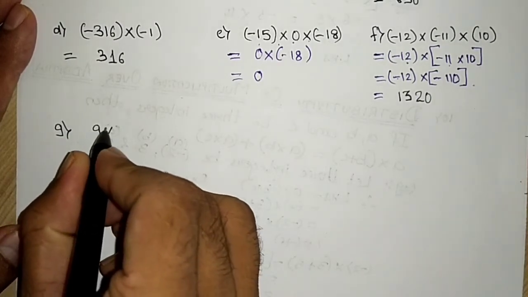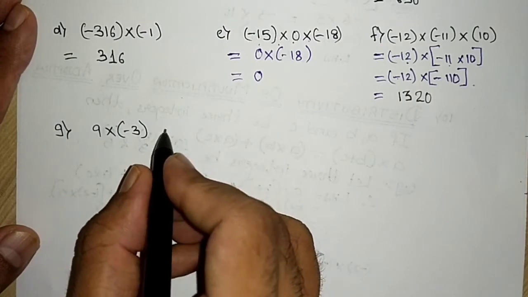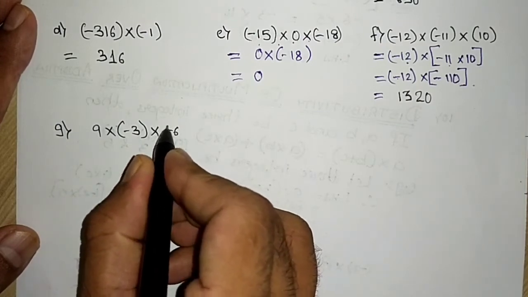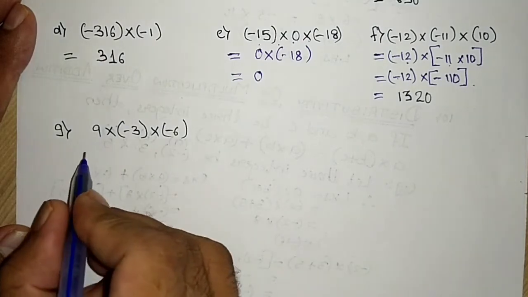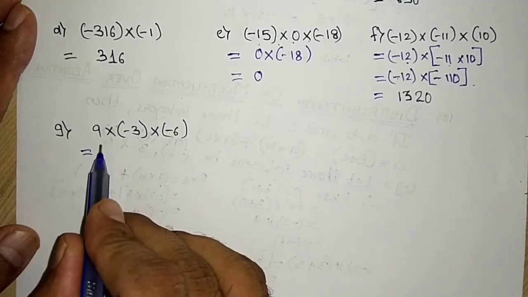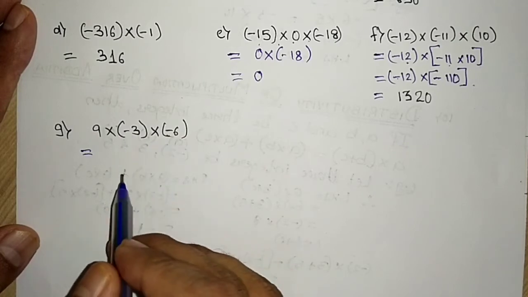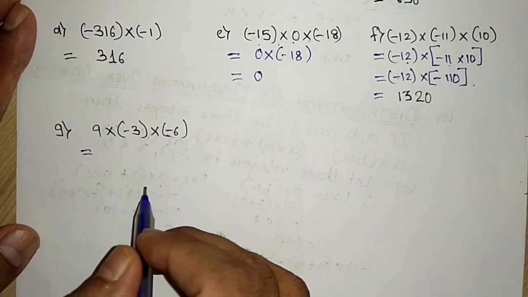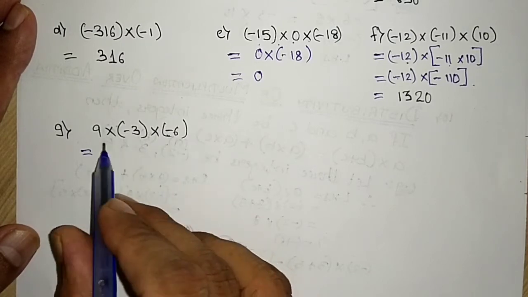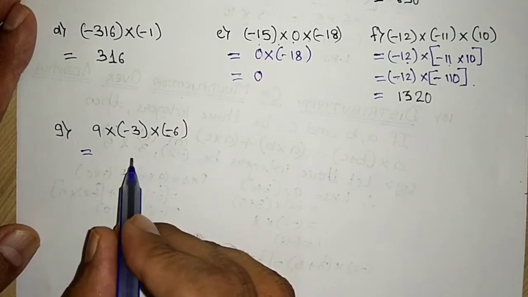Now G, part number G, 9 multiply by minus 3 multiply by minus 6. Students, here it is 3 numbers, but since it is 2 negative numbers, final answer will be in positive only, but we will group 2 numbers at a time so we can solve it properly.